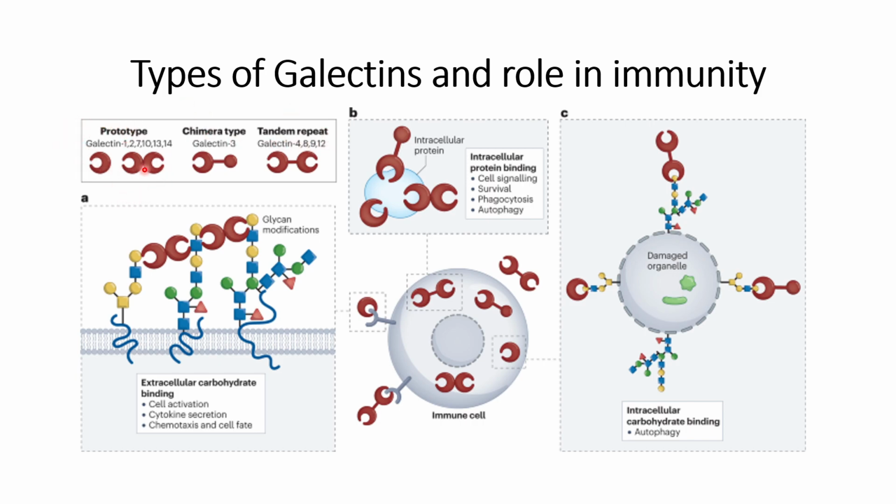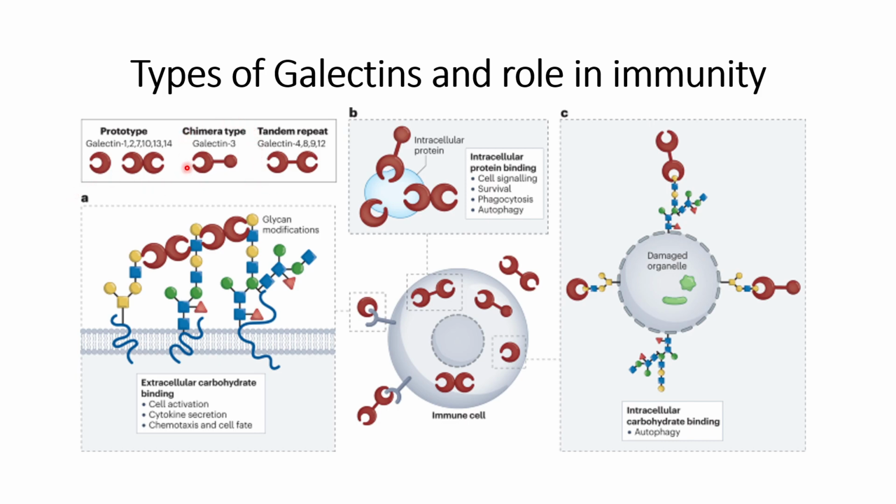The first is prototype, then chimeric type, and tandem repeats. From the image it can be understood that prototypes can exist in monomer or dimer states, in dimer equilibrium states, and each of these galectins depends on its overall shape, whether it exists in equilibrium as a monomer or a dimer.